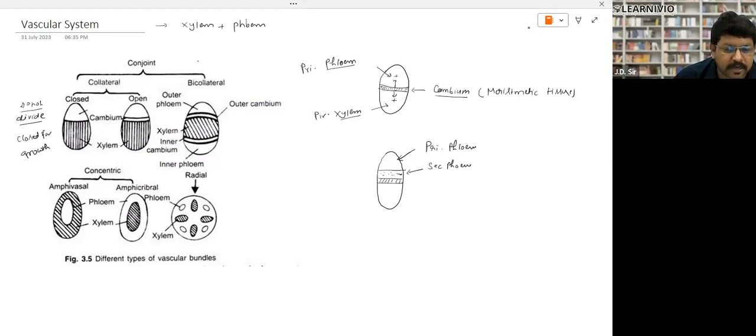When it divides at this other end, it will form secondary xylem. Here it is primary xylem. So there are primary xylem, secondary xylem, primary phloem, and secondary phloem. When the cambium divides, it gives rise to this kind of xylem and phloem. Clear?